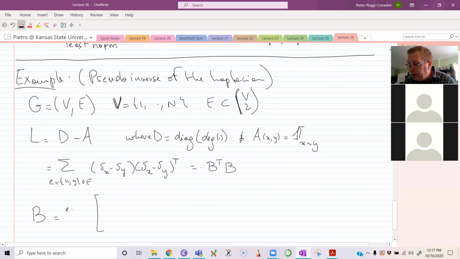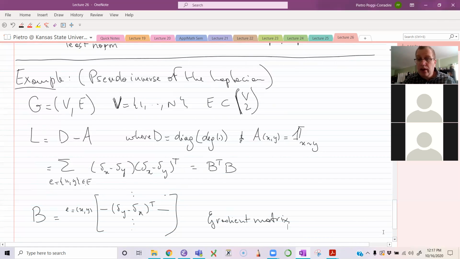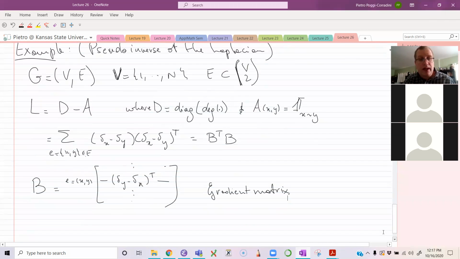For every edge, you pick an orientation so that then you can write delta y minus delta x transpose, and you put it like that, right? This is called the gradient. It's called the gradient matrix because it's an E by V matrix.